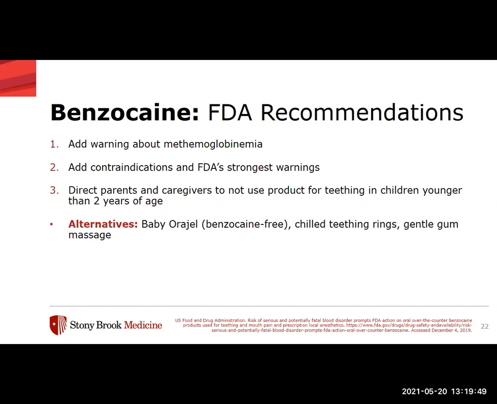In terms of alternative treatments to benzocaine, they exist mainly of non-pharmacological supportive care. There is, however, one specific formulation of Baby Oragel that is marketed specifically to be benzocaine-free, and in this situation, this may serve as an alternative. Other non-pharmacologic alternatives include chilled teething rings and gentle gum massage.